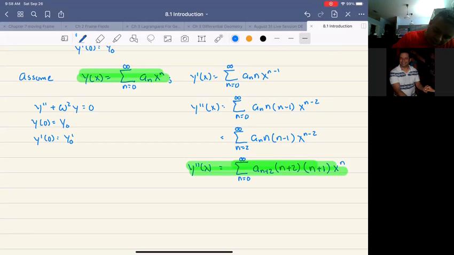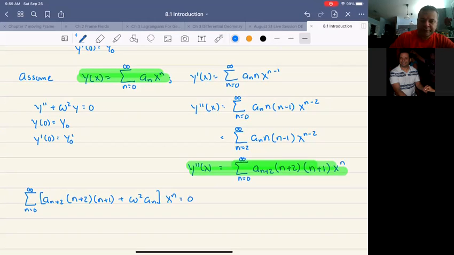So the sum, n goes from 0 to infinity, a sub n plus 2, n plus 2, n plus 1. That has an x to the n, so I'm going to join it with the plus omega squared a sub n x to the n equals 0.